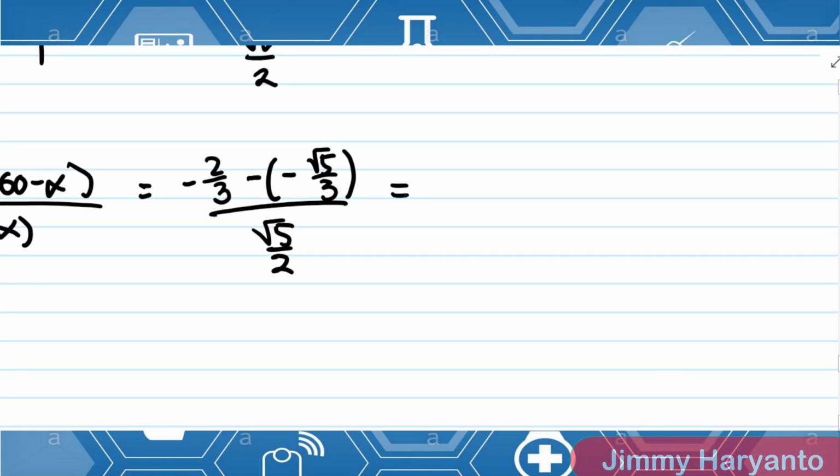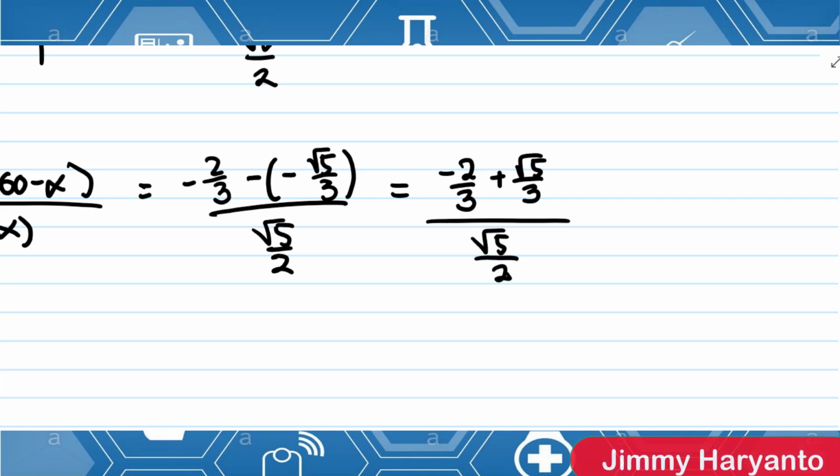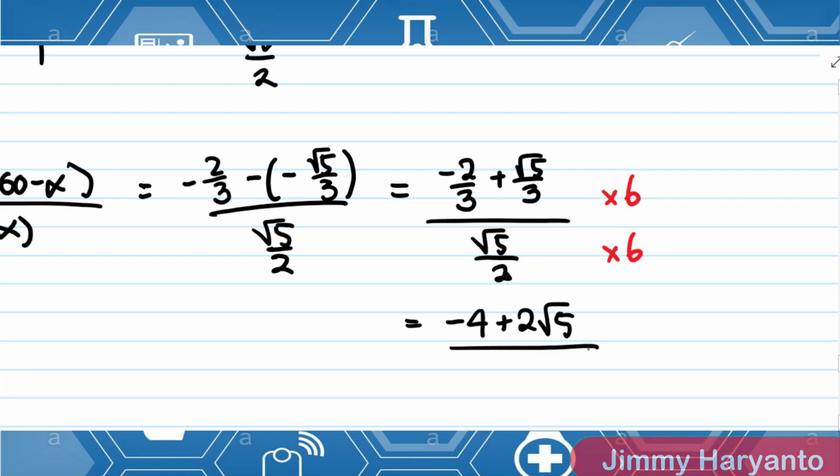Let's simplify it. It equals negative 2 over 3 plus square root of 5 over 3, over square root of 5 over 2. We can multiply all of them by 6. So the result will be negative 4 plus 2 square root of 5 over 3 square root of 5.